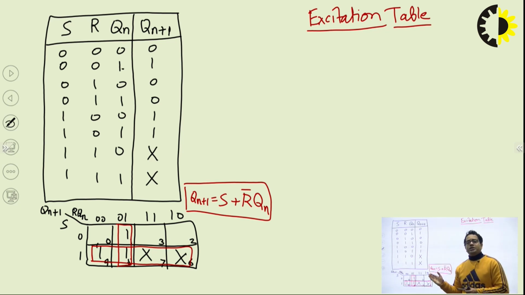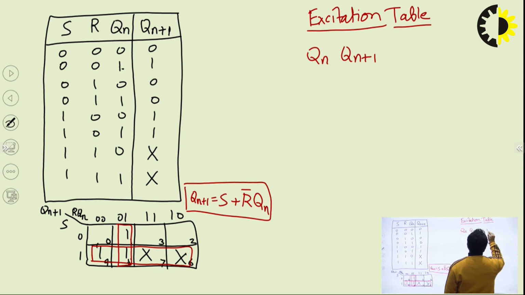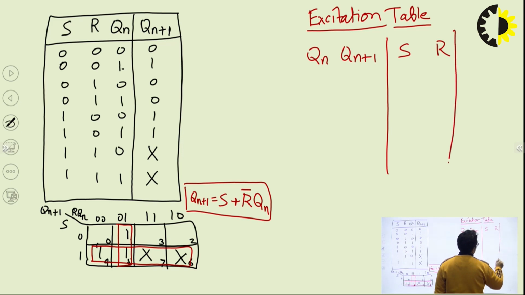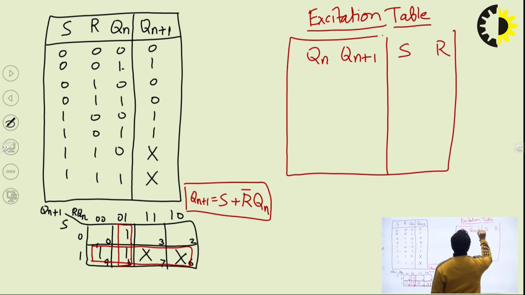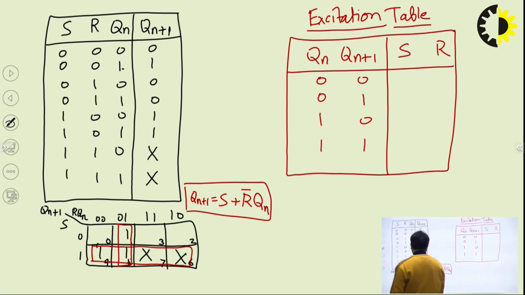In the case of the excitation table, we know the output, but we have to design the flip-flop. So for designing, you have to concentrate on the inputs, right? We will try to find out the inputs from the output combination. So we are having Qn and Qn plus 1 as our output, and we are having SR. We will write all the combinations 0 0, 0 1, 1 0 and 1 1.